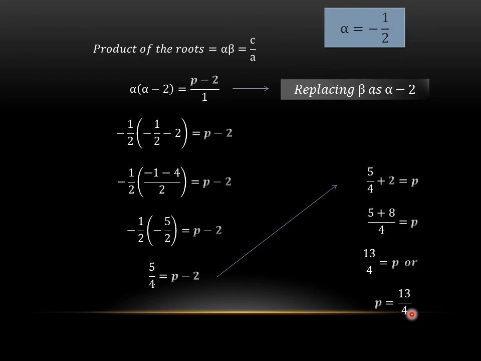The first root is always alpha. You have to change the second root according to the given condition. As the given condition was differ by 2, we replace the second root as alpha minus 2. If it is 6, 8, 10, whatever it is, we will replace it with alpha minus 6, alpha minus 8, alpha minus 10, whatever is given to you in the question.